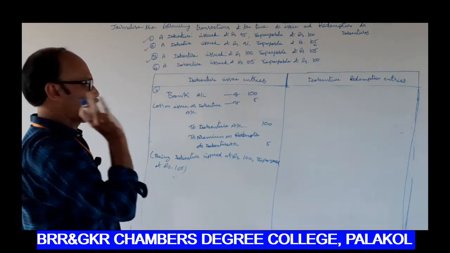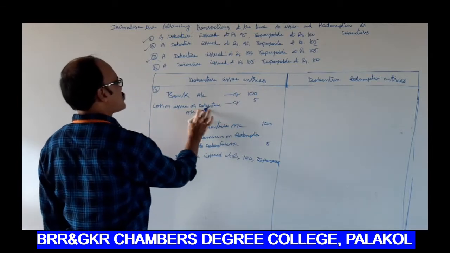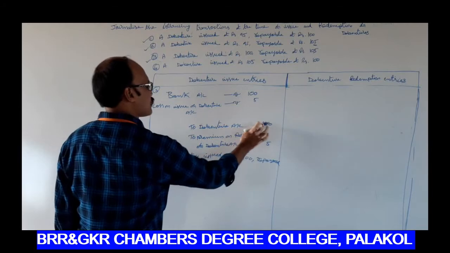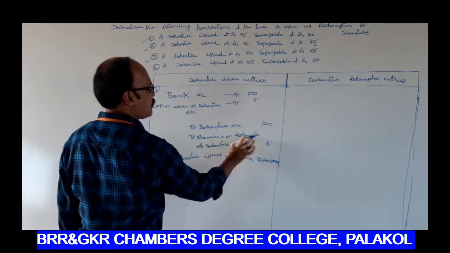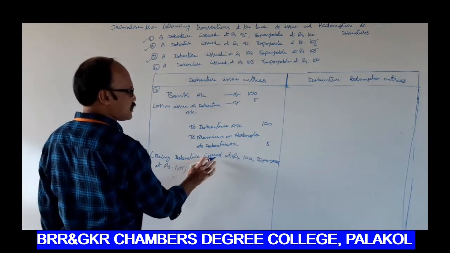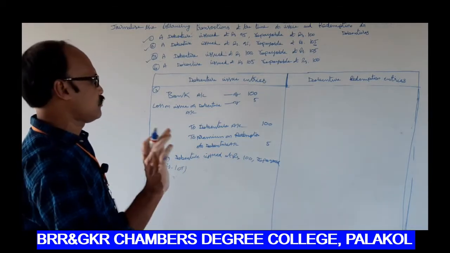So what is the general entry at the time of issue? Bank account debtor 100, loss on issue of debentures account debtor 5, to debentures account 100, extra amount paid for each debenture, to premium on redemption of debentures account 5. So being debenture issued at rupees 100, repayable at rupees 105.